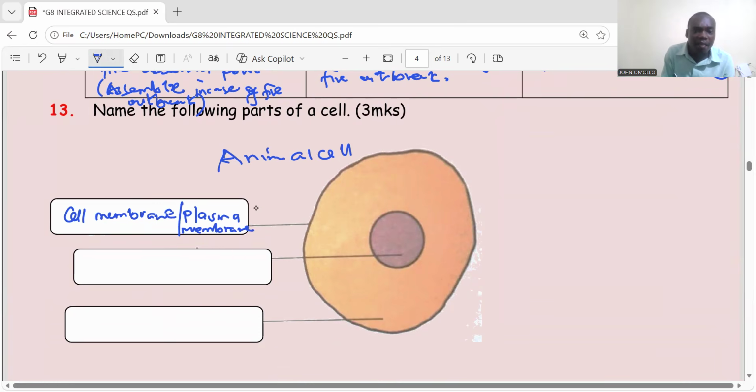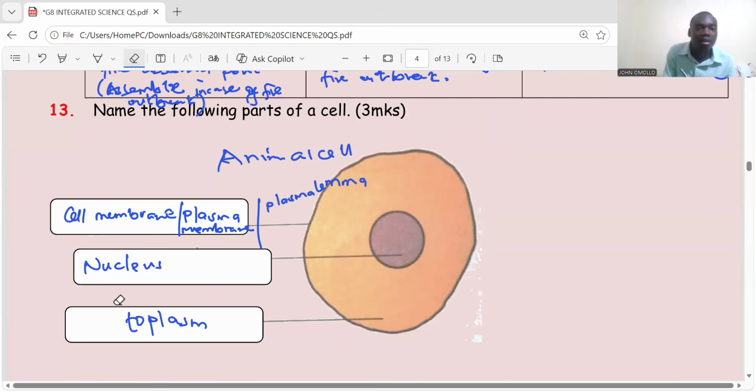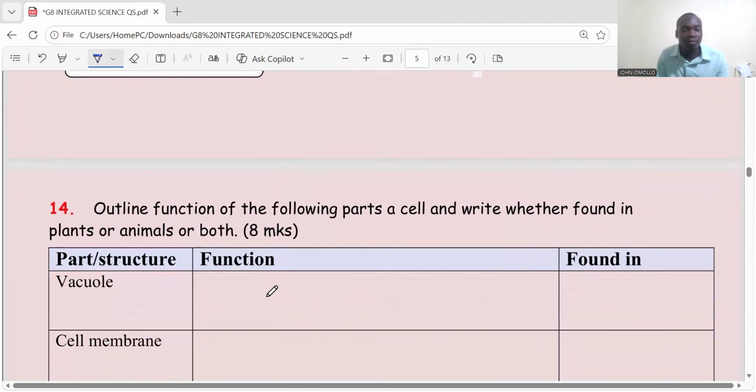The other name is plasmalemma. The second part is the nucleus. And the last one is the cytoplasm. Let's move to number 14.